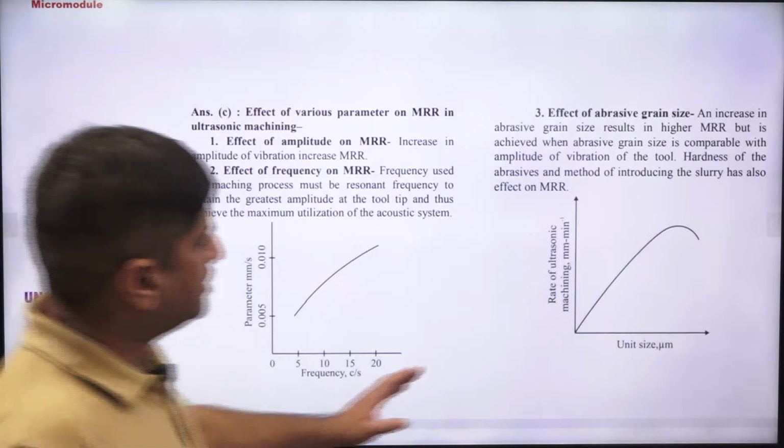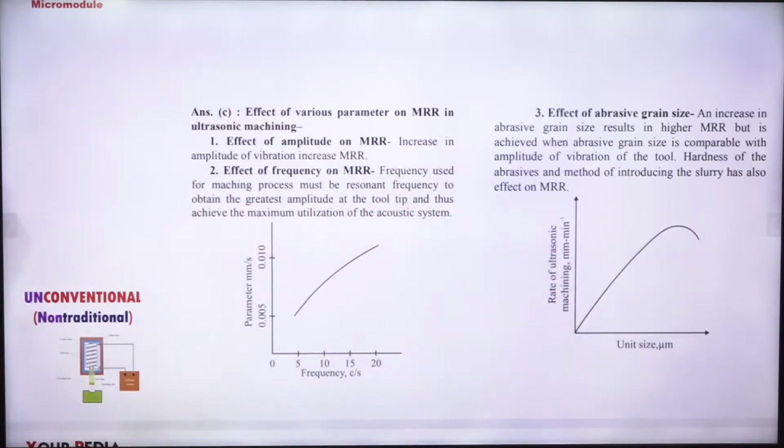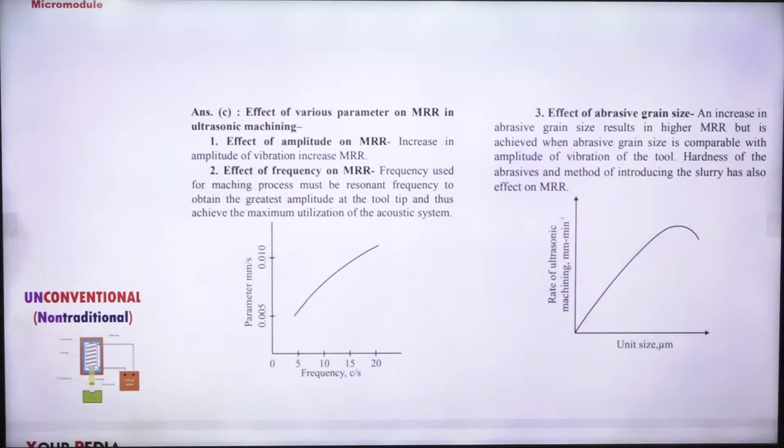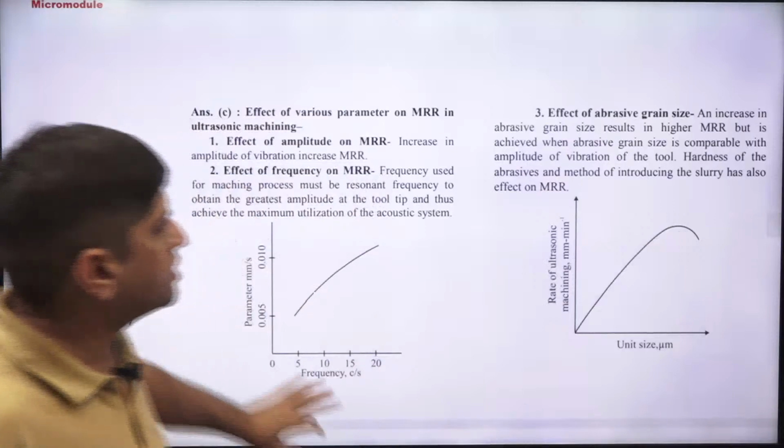So as grain size increases, the rate increases and then decreases. There are different parameters, amplitude, frequency, grain size, and their impact on material removal rate. So remember this. Answer is increase and then decrease.